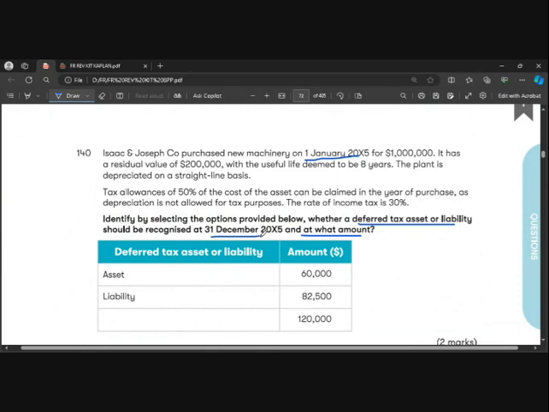Again, zeros. It is nine, but it's not 9 million. Oh, I got you now. 9,90,000. I mean 9.9 million.